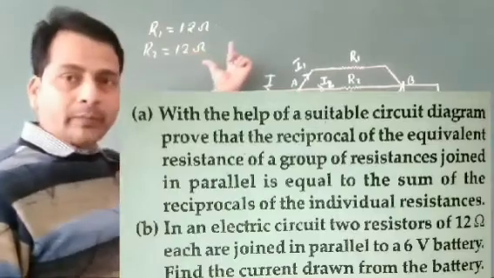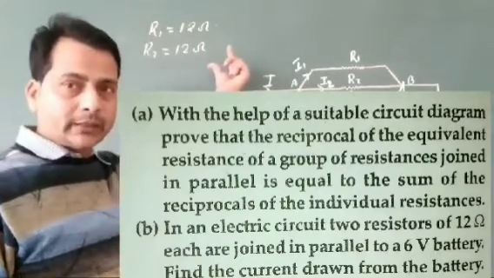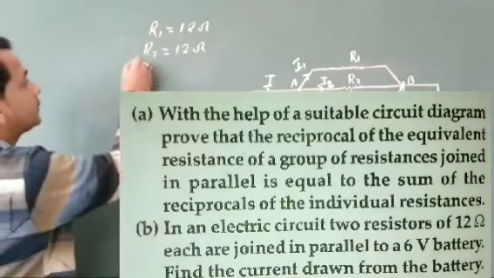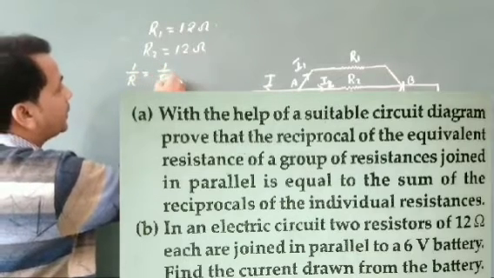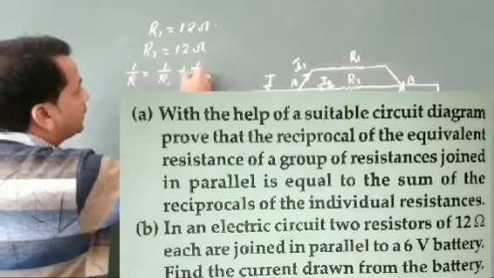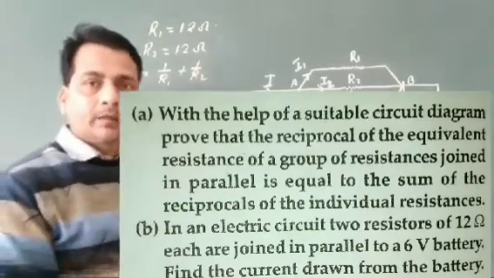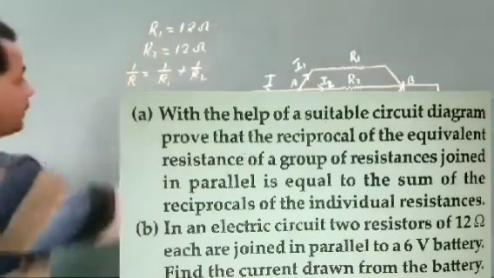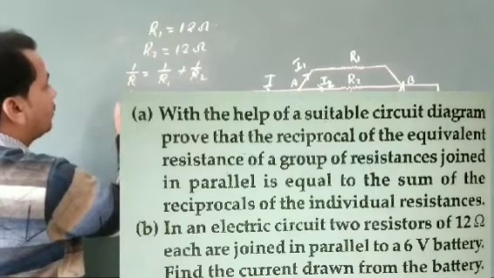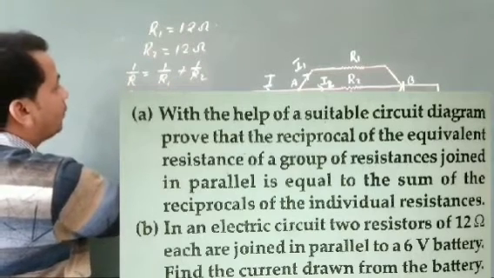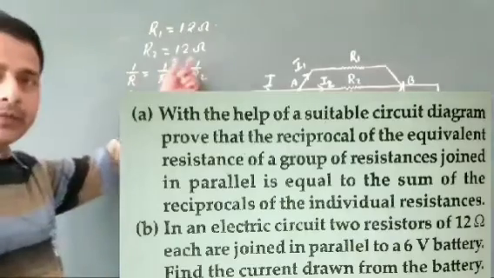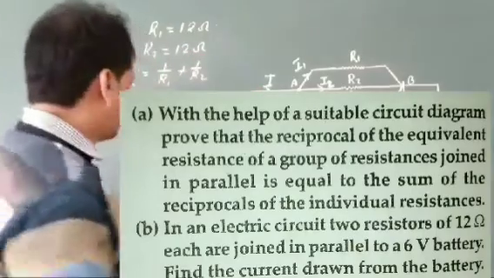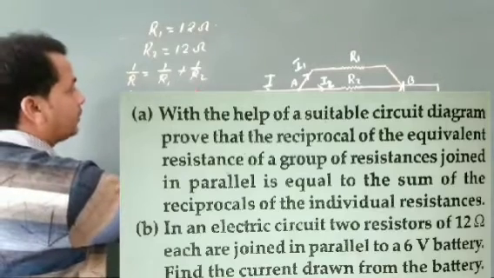According to the parallel combination, the equivalent resistance is 1 by R equal to 1 by R1 plus 1 by R2. Here we put the value of R1, that is 1 by 12 plus the value of R2, 1 by 12.